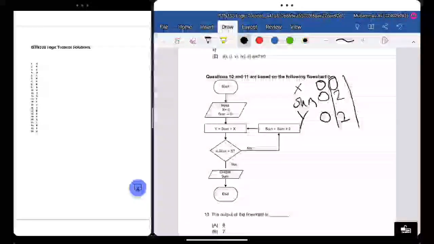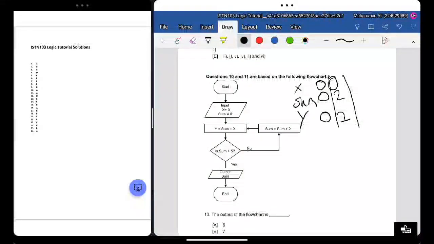Then the next one we're going to do: is sum greater than or equal to 5? No. Sum plus 2. So this is 2 plus 2 is 4. X will stay the same, but obviously sum plus X is 4.